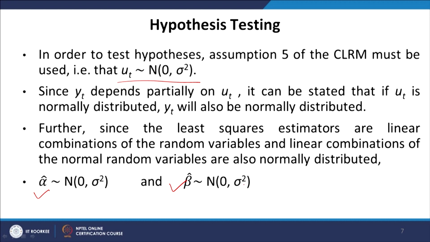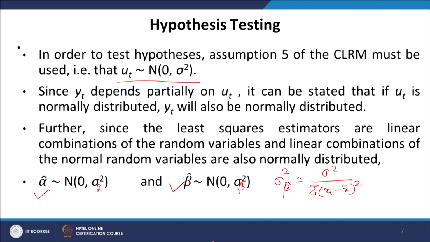This is actually sigma square beta hat and sigma square alpha hat, because we know that the variances of alpha hat and beta hat are not exactly sigma square. We can denote them by sigma square alpha hat and sigma square beta hat, where sigma square beta hat is equal to sigma square divided by the summation of (x_i minus x bar) whole square, and similarly we will have an expression for sigma square alpha hat as well.